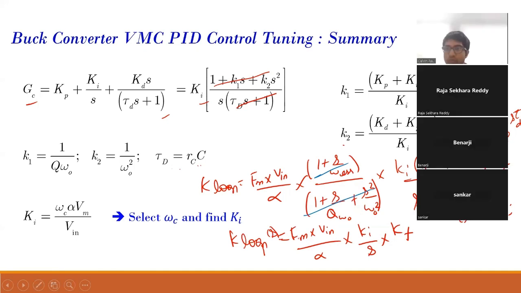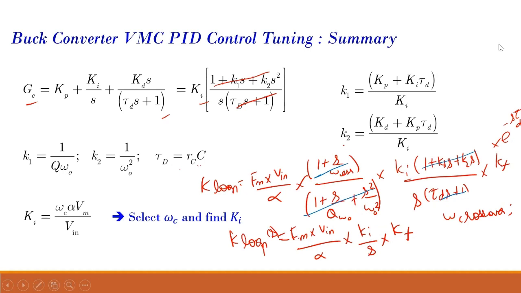Sir, how can we make this tau d equal to 1 by omega E? Practically you cannot do it. This is just a theoretical way.